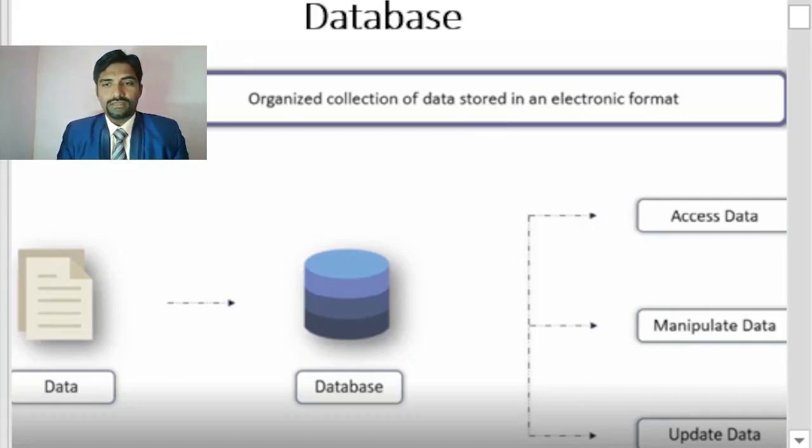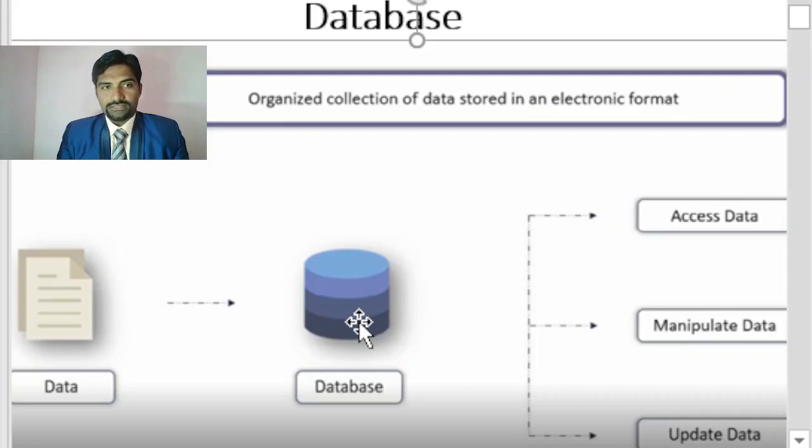Look at the screen. You can see the data in file format, and this data is usually stored in a tabular format in the database. This one is called the database symbol. This one is the file symbol. That means tables. These tables are stored in the database.